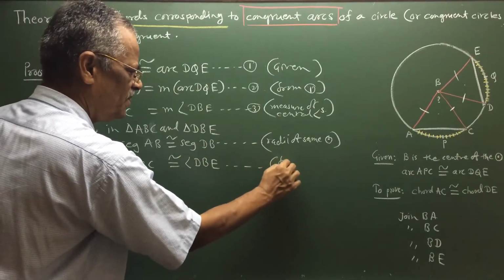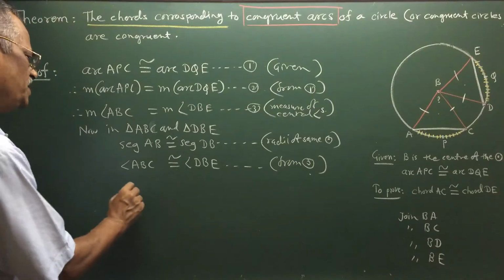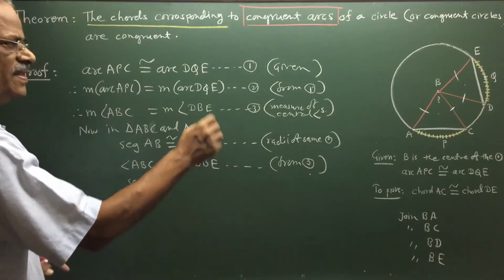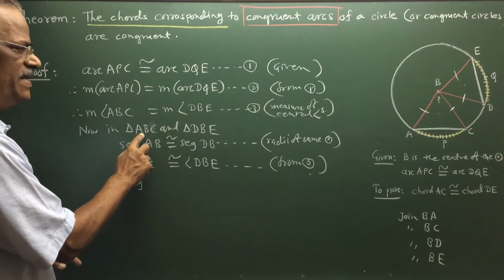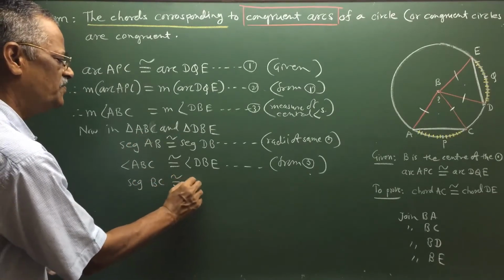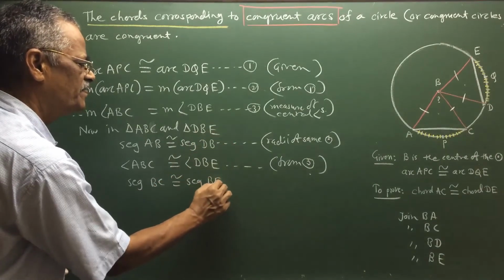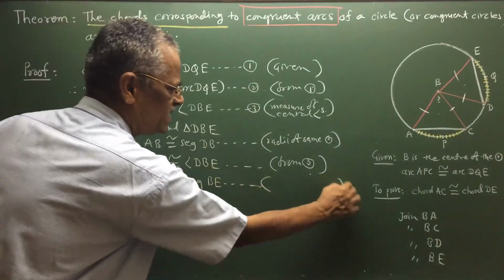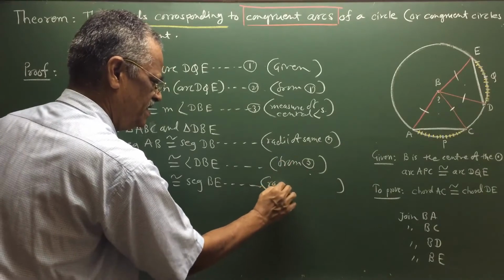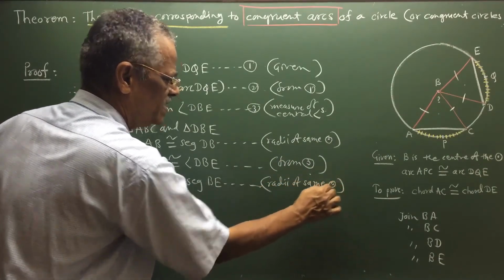So from 3. And what about the other segment? It is BC, which is congruent with segment BE. Again the same reason: radii of the same circle.